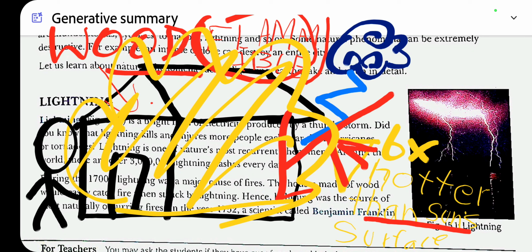That's why lightning was a leading cause of fires, and still more people die due to lightning strikes than tornadoes or hurricanes. That's the reason. I hope you have understood.